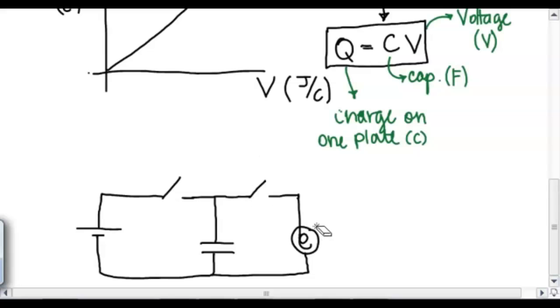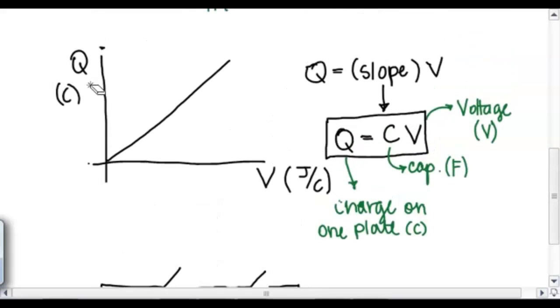All right, and light is a form of what? Energy. Okay, and when I multiply coulombs and joules per coulomb, I get the unit for energy. So it looks like maybe the area under the curve would be the energy stored in our capacitor.